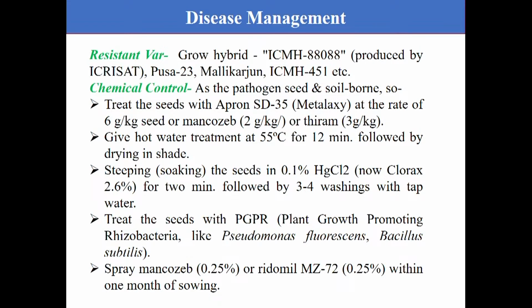And now about the chemical control. As the pathogen is seed as well as soil borne, you have to treat the seed with a chemical fungicide like Apron SD 35, that is known as metalaxyl, at the rate of 6 gram per kilogram of seed. You can also treat the seed using mancozeb at the rate of 2 gram per kilogram of seed, or Thiram at the rate of 3 gram per kilogram of seed.